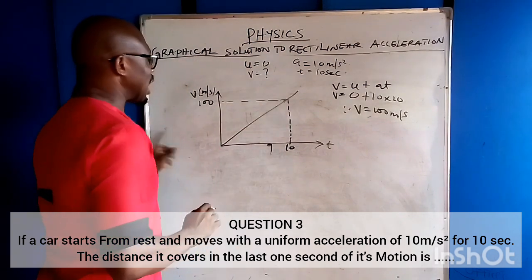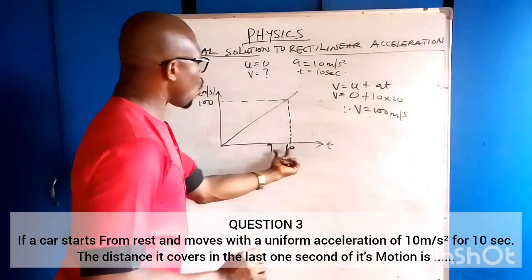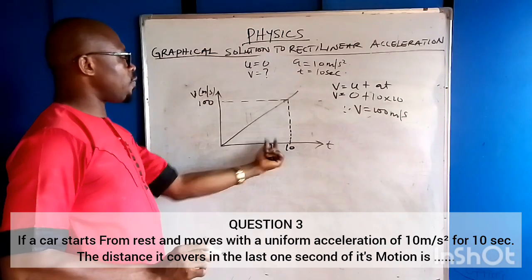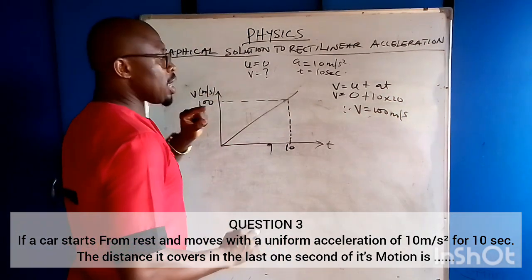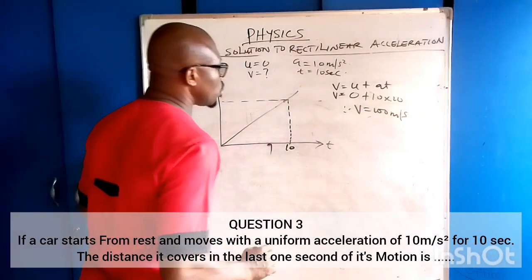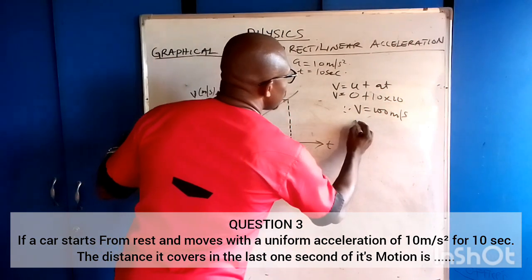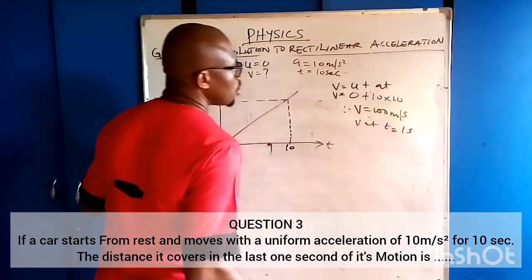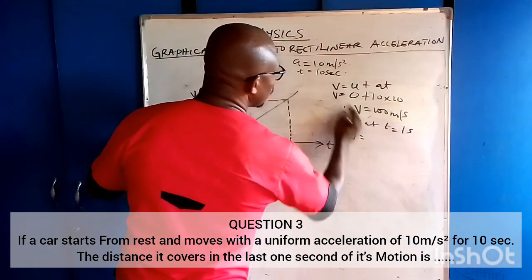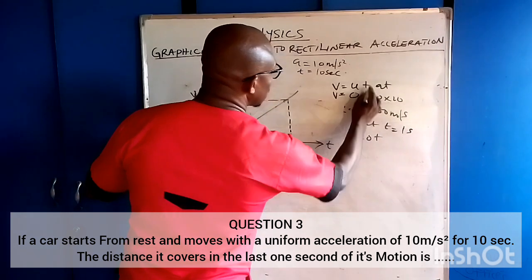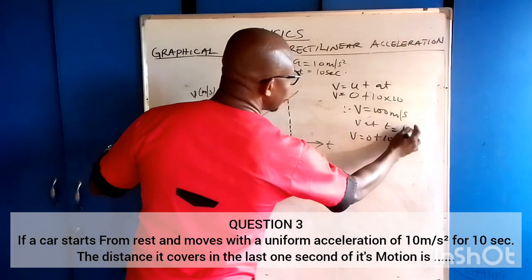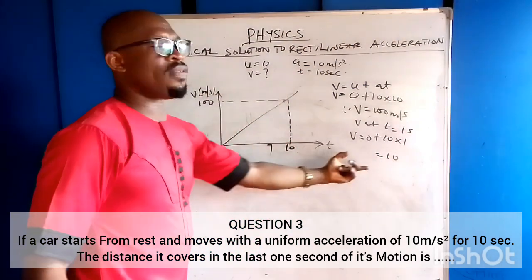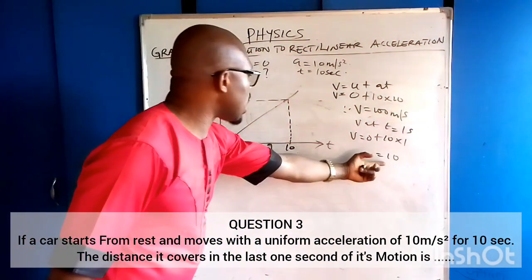Now for that of 9, what is v at 1 second? v is equal to u plus at, which is 10 times t. t is 1, which will give us 10. So the velocity reached at 1 second is 10.